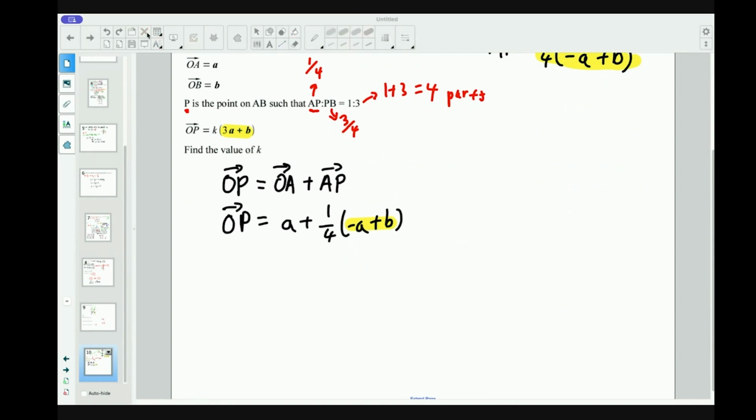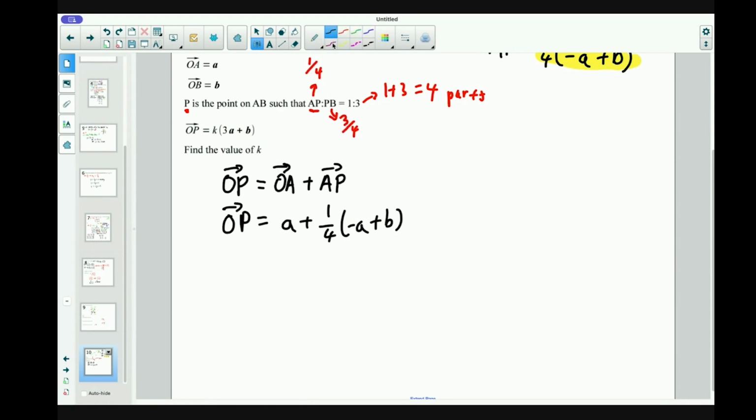What do you think our next step is going to be? Some of you guys might know, some of you guys might not. Take your best guess. What can we do first? So eventually we're going to have that 3A plus B in there. So it's pretty quiet in the chat.